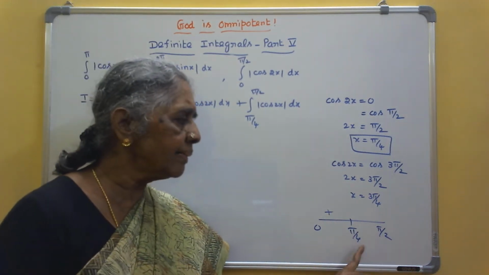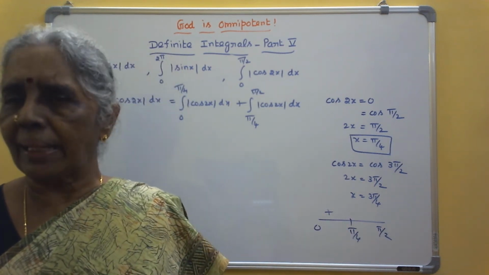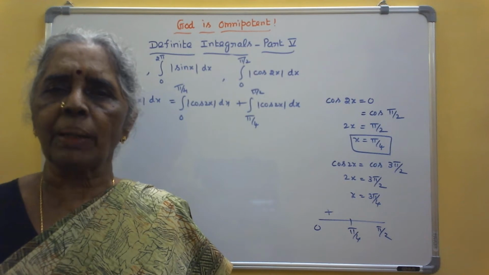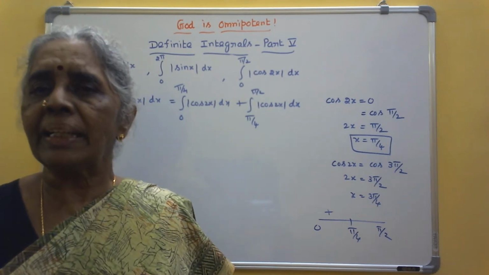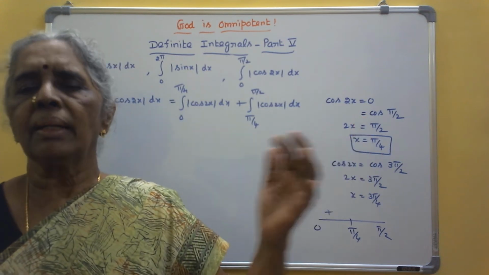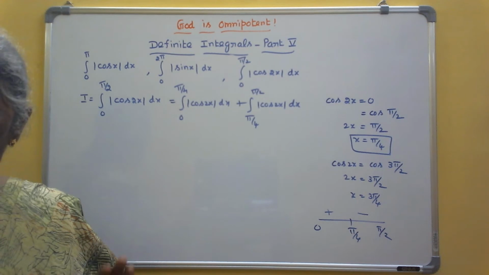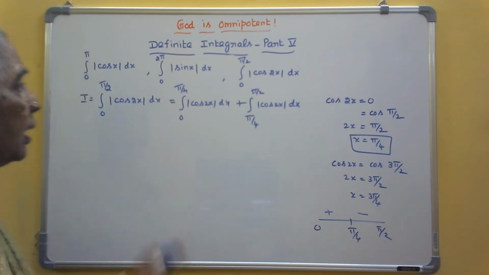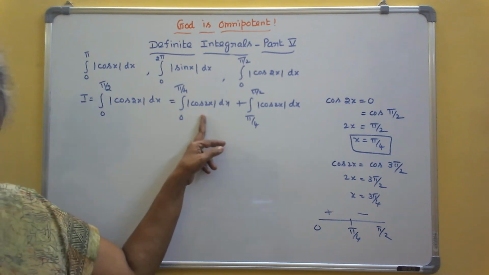If you consider this interval pi by 4 to pi by 2, you can take pi by 3. So cos 2x will become cos 2 pi by 3, which is cos 120 degrees. That is second quadrant. Cos theta will be negative. So here you will get a negation. Is it clear? So now in this interval, that is 0 to pi by 4, this modulus will take positive.